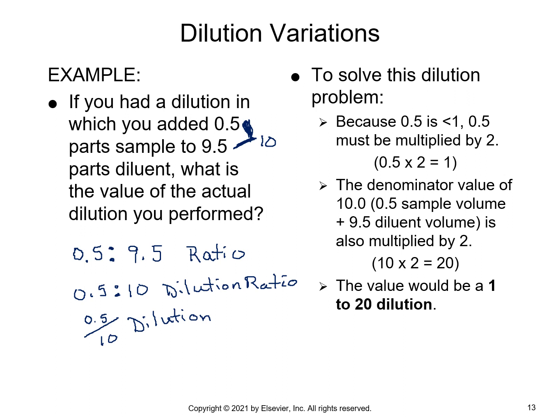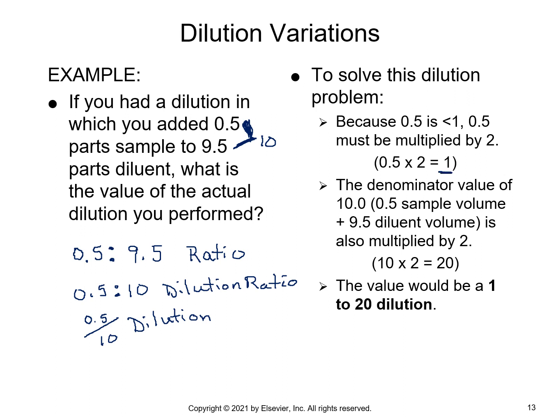Now, we could write that out as 0.5 over 10, but you really don't use decimal points in a fraction, because a decimal is actually a fraction in itself. To simplify it, because we're dealing with a fraction, we need to bump that number up to a whole number. In this scenario, we multiply it by 2 to give us 1.